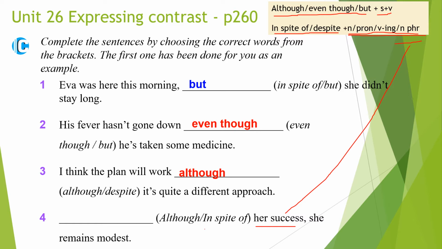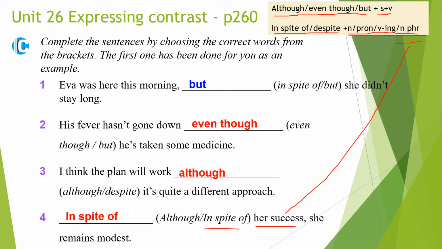Of course we choose in spite of in this case. This is how we choose the answer. In spite of is followed by a noun phrase, that means no verb. Two words with a noun. Success is a noun. Two or more words together is a phrase already.